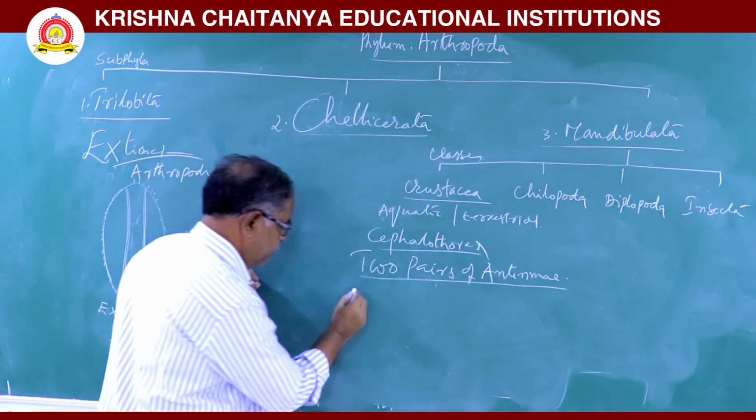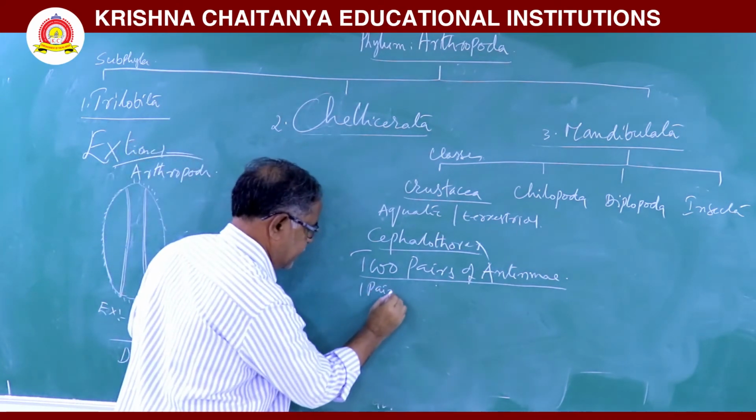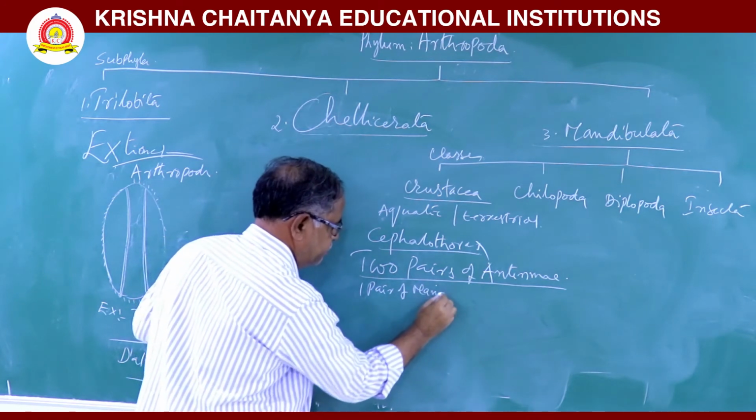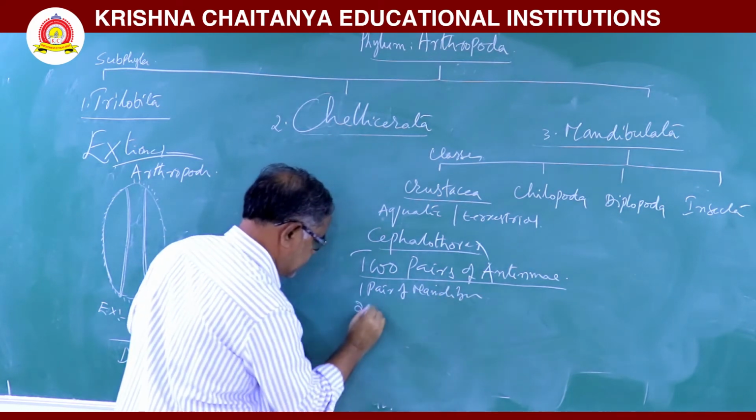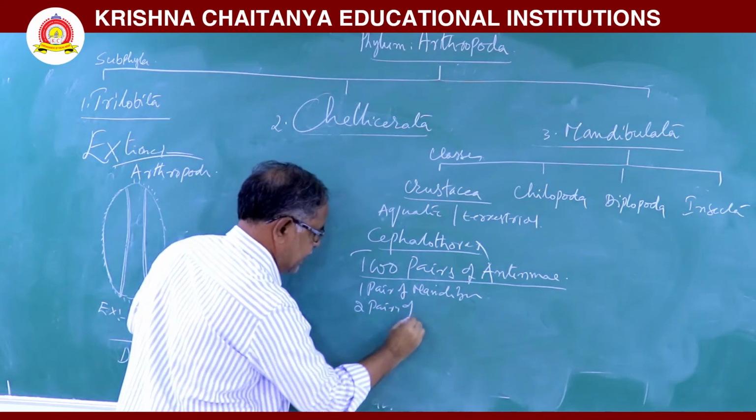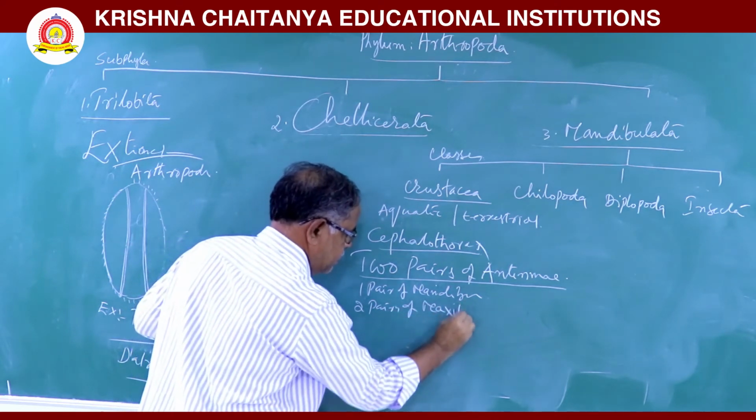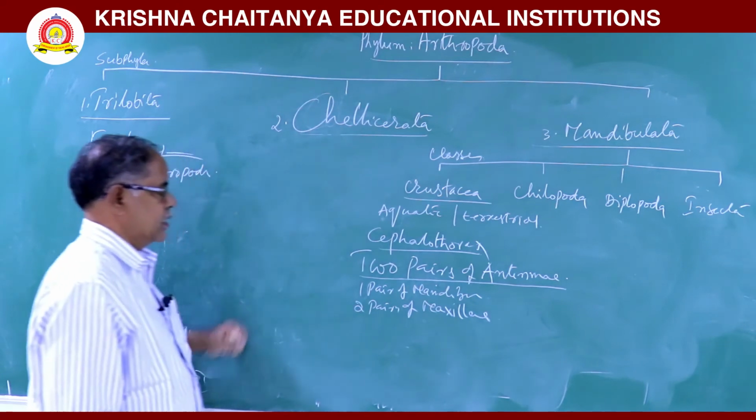One pair of mandibles. Two pairs of maxillae are there.